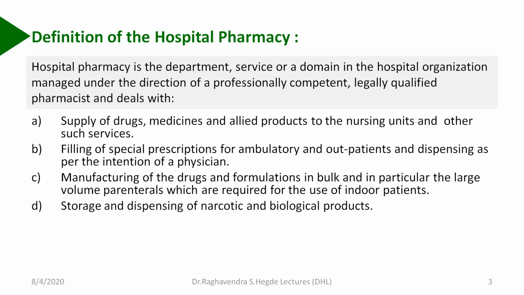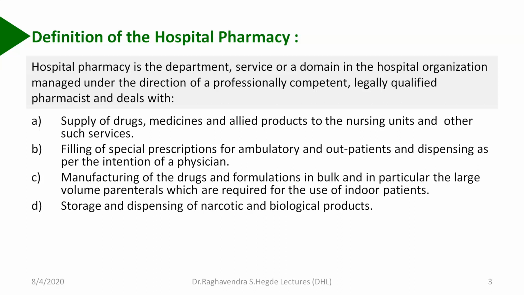Proper storage: we know that all pharmaceutical products have to be maintained in a proper cold chain temperature. If you don't store properly, the products may become degraded or spoiled. So it becomes the utmost fundamental responsibility of hospital pharmacists to properly store and dispense as and when required, especially drugs like narcotics and biological products.